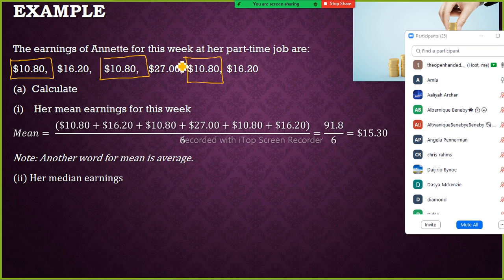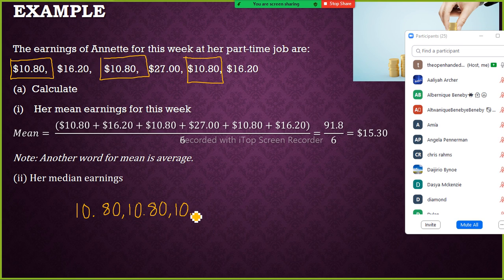So we have to write that three times: 1080, 1080, and 1080. And what's next after 1080?